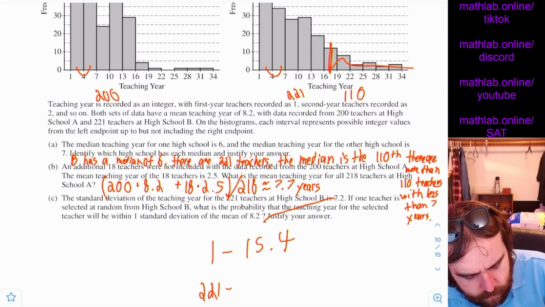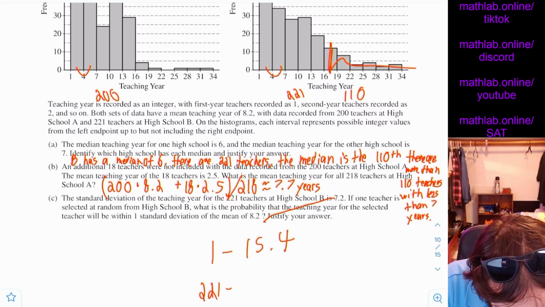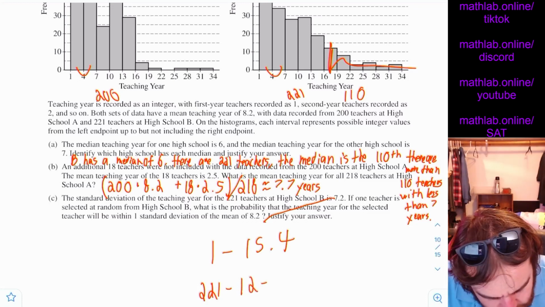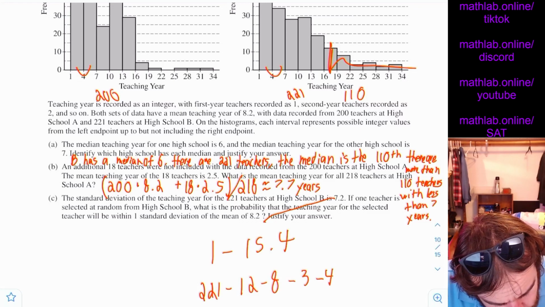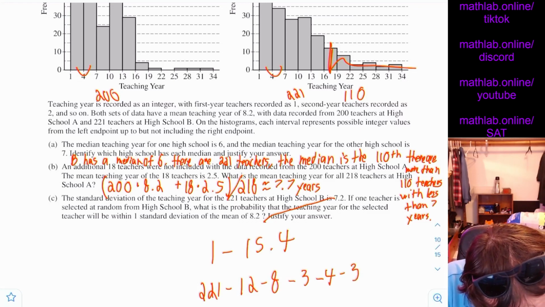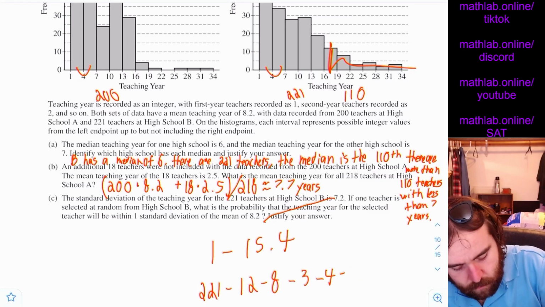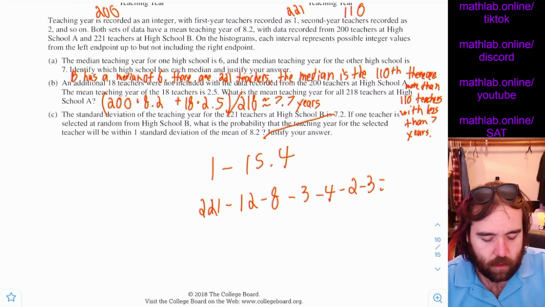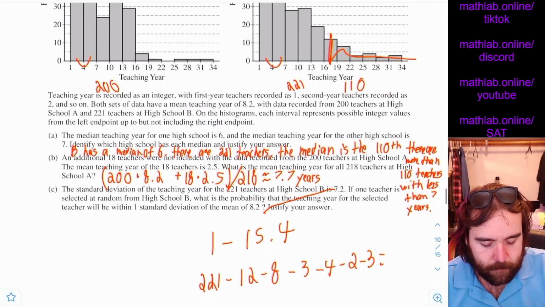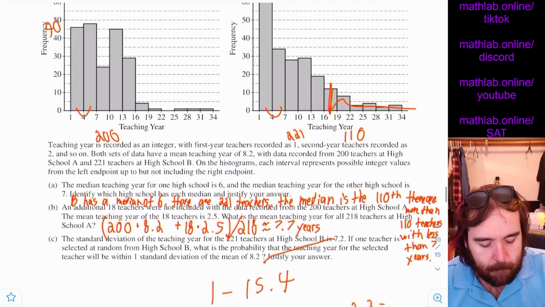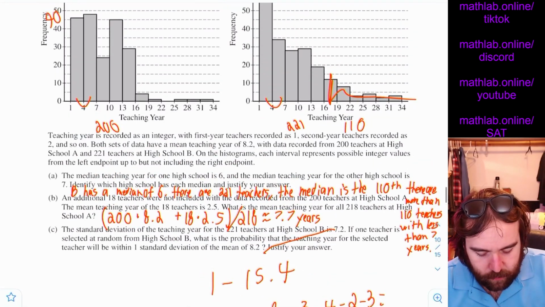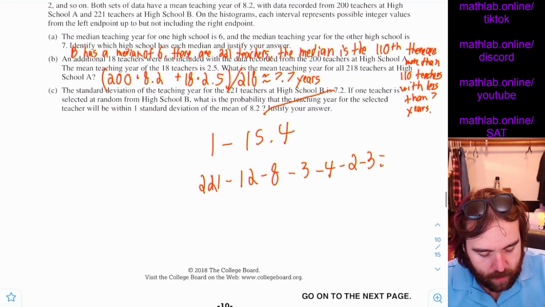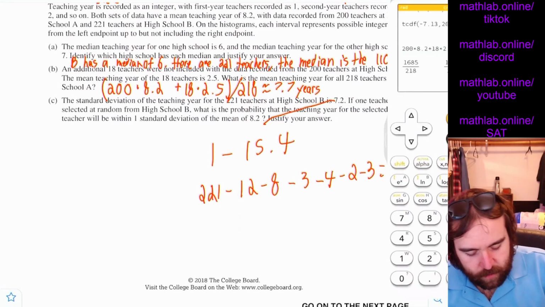So here and on, we just got to estimate these. So it's going to be like minus 12, minus 8, minus 3, minus 4, minus 2, minus 3. And that'll be how many people? Oh, right. And 1 is everybody. Nobody has 0 years experience. So, yeah. That'll get us how many people that is.